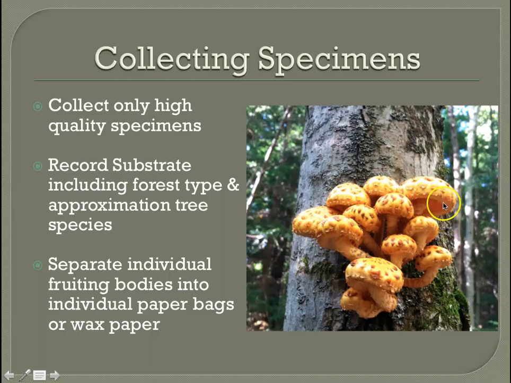And you can see remnants of the partial veil here on the edge of the cap at the margin. But here it's mostly covering up the gills, and definitely here that partial veil is still covering up the gills. So I wouldn't collect any of these young ones for a specimen or for a voucher specimen, I should say.